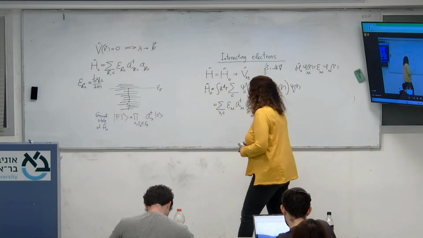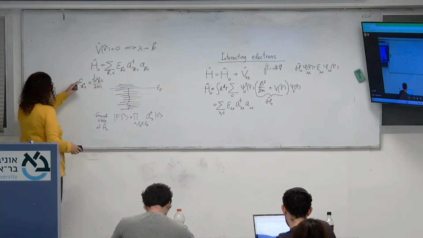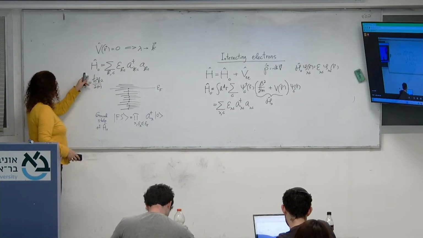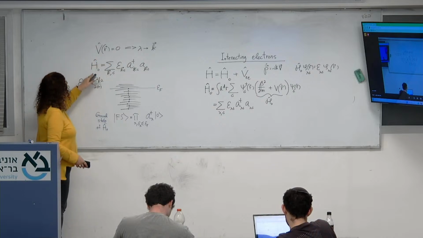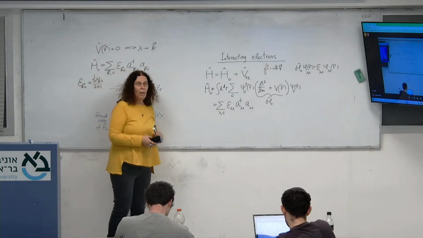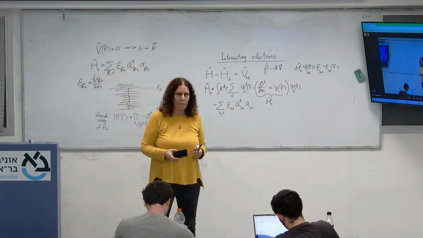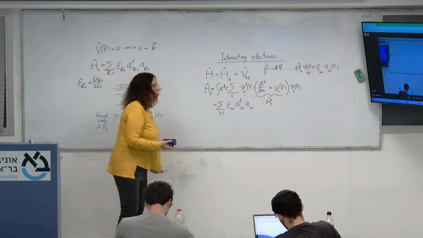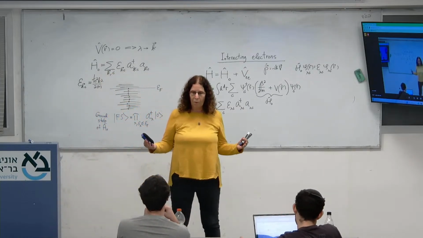Okay, great. So now let us focus specifically on the case where the potential is zero and the electrons don't see an external potential that affects their wave function. So the entire space is homogeneous, right?